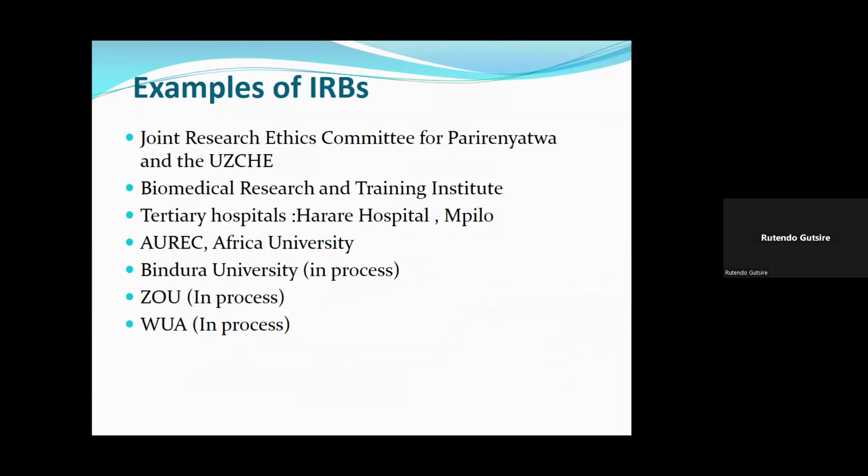Tertiary hospitals, Harare Hospital, Mpilo, they have an ethics committee. Africa University and Bindura University, their ethics committees are in the process of being trained by MRCZ.